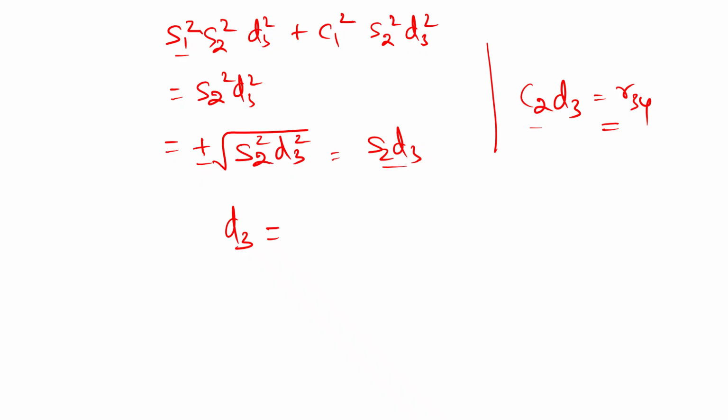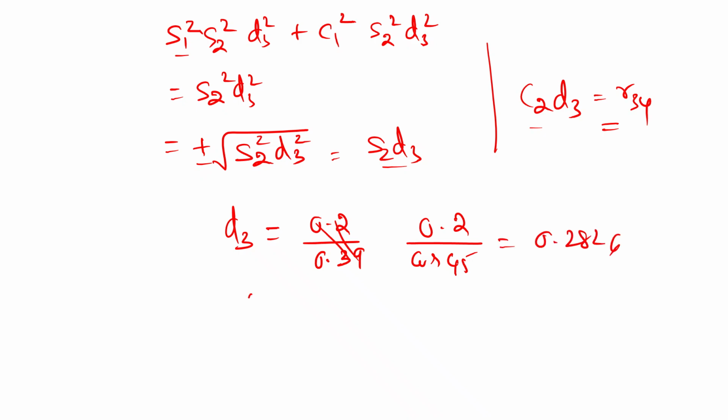So your D3 equals 0.2, which is given already, divided by cos 45, because 45 is your theta 2 in degrees. If you apply this, you will get 0.282. So in this way, you have to find theta 1, theta 2, and d3 based on the formulas.